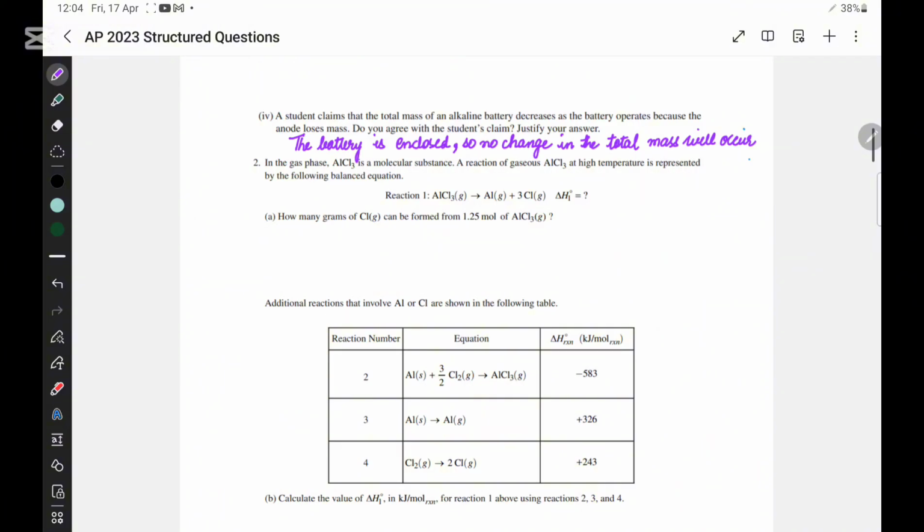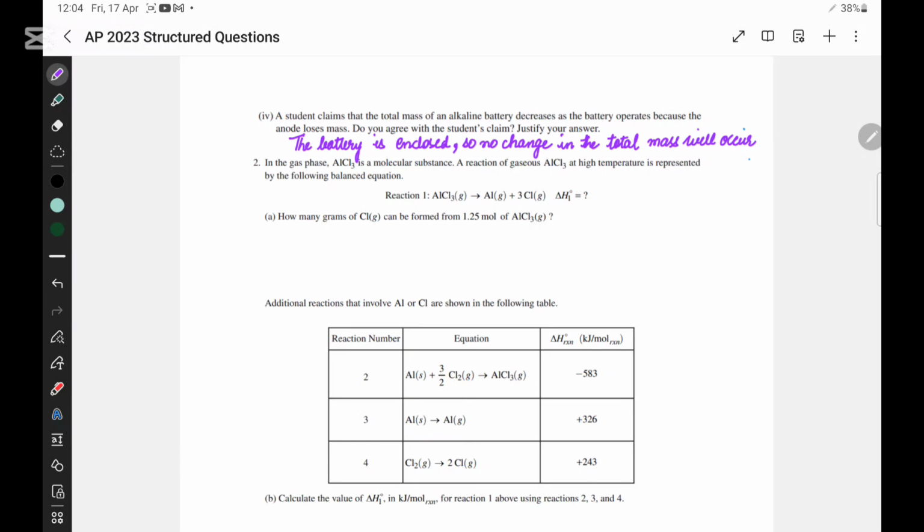How many grams? The next question is, in the gas phase, AlCl3 is a molecular substance. A reaction of gaseous AlCl3 at high temperature is represented by the following balanced equation. How many grams of chlorine can be formed from 1.25 moles of AlCl3?